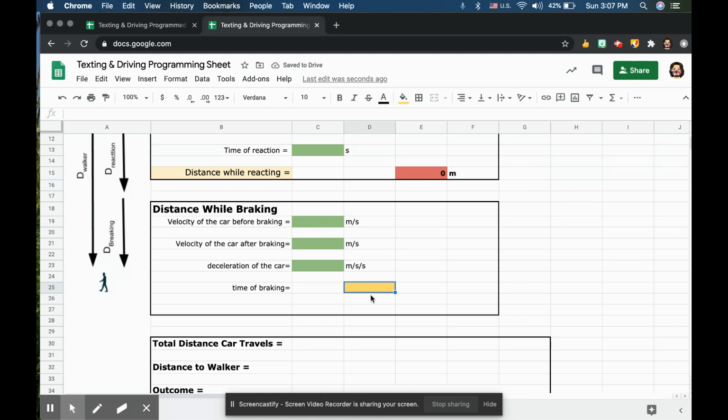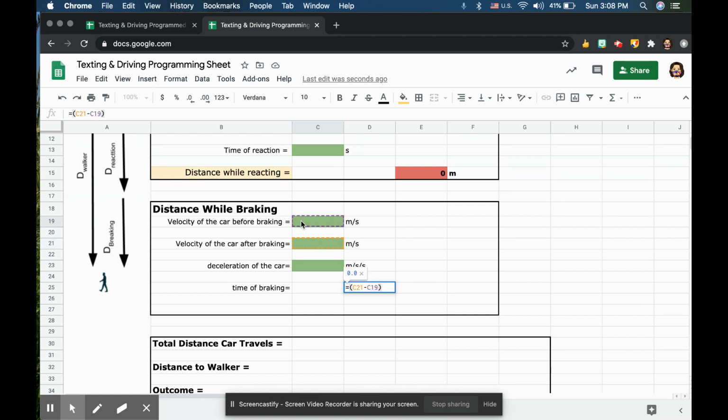And then afterwards, I'm going to type in my equation or my programming to figure out time of braking. So time of braking equals final velocity minus initial velocity divided by acceleration. I want to make sure that I'm programming this correctly. So equals, my final velocity, which is my velocity after braking, C21, because that's where I'm going to put that value, minus C19.